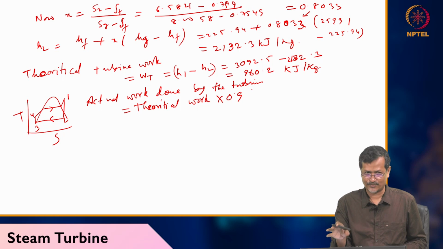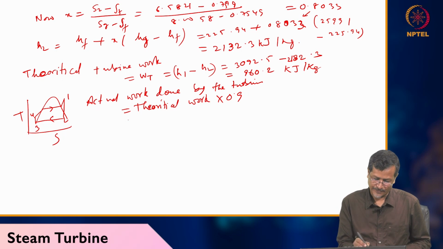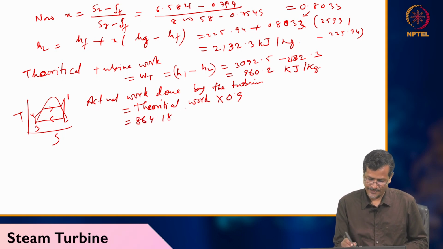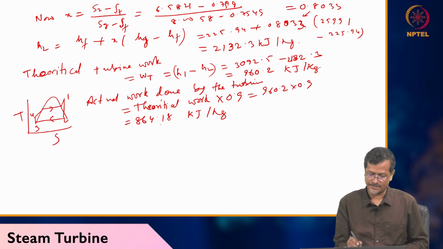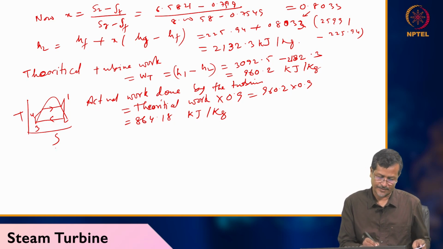So we assume we get 90%. That's why 0.9 is coming. The adiabatic efficiency is given as 90%, so we can actually get 90% of the power from the turbine. So 960.2 into 0.9 gives 864.18 kJ per kg. Now pump work.